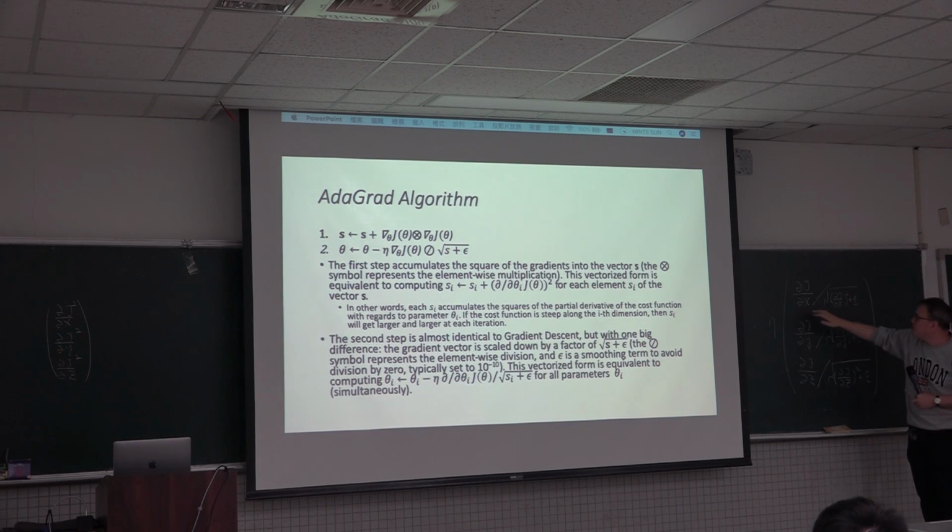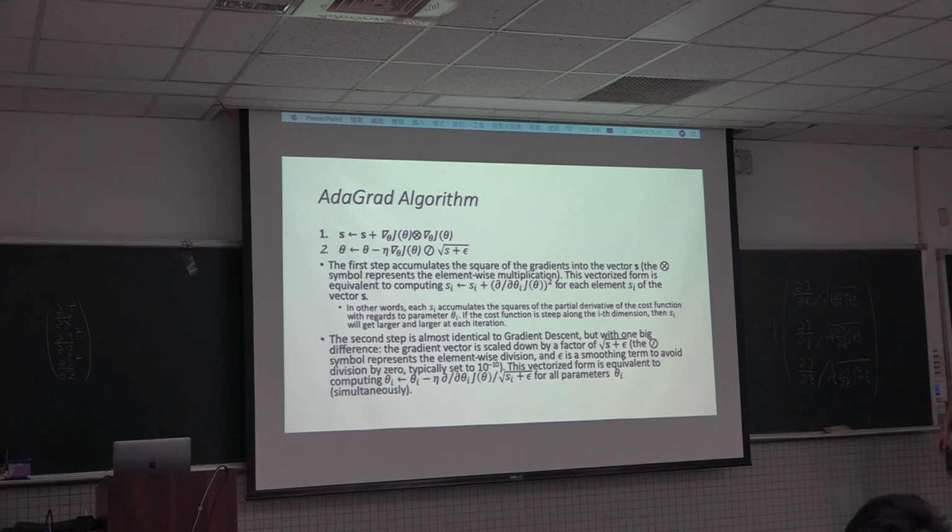So for every component, you divide it by the corresponding component of the S. You have to add the epsilon and do a square root, basically. So you can see that this is almost like a normalization.